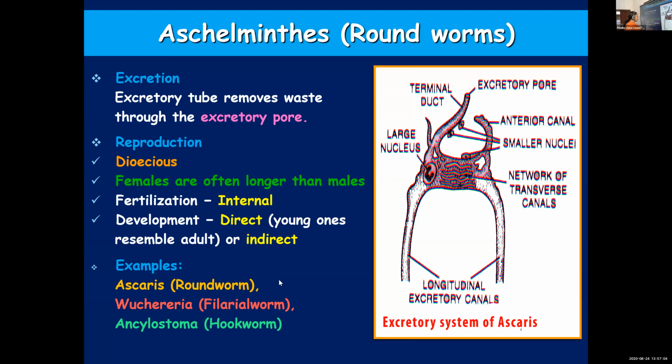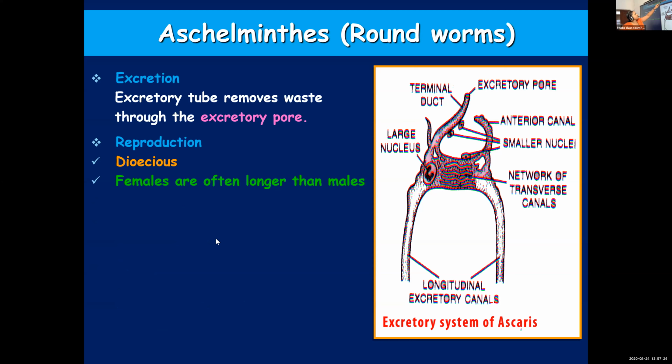Fertilization is internal, and development can be direct or indirect. Ascaris is commonly called roundworm, Wuchereria is commonly known as filarial worm, and Ancylostoma is commonly known as hookworm. So these are the points we learned about.